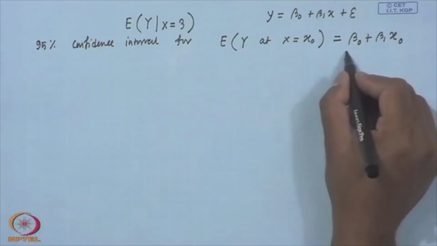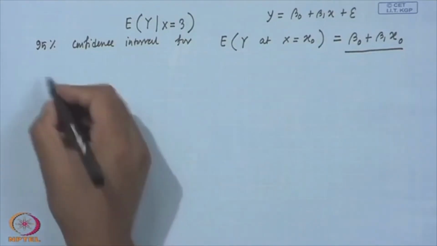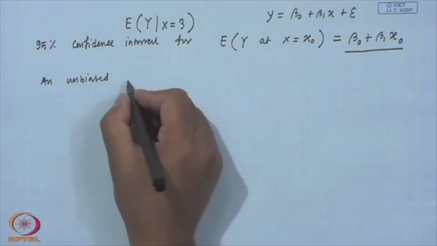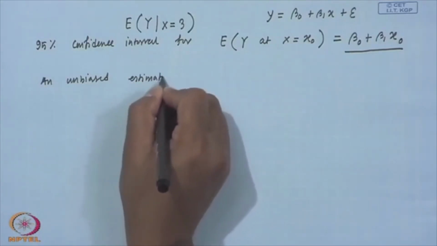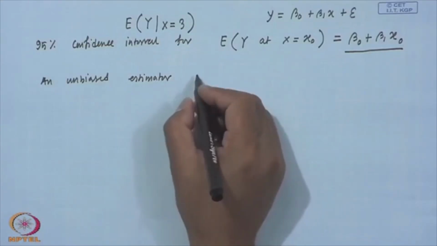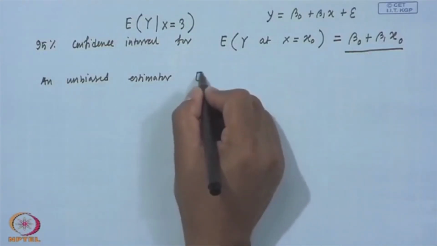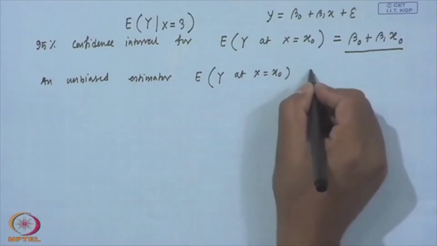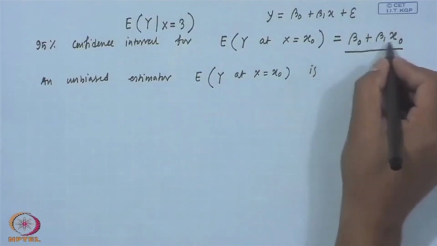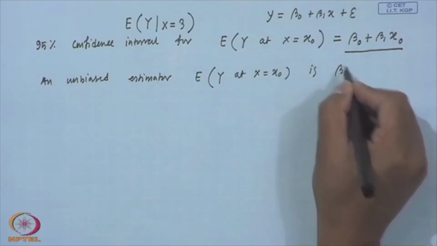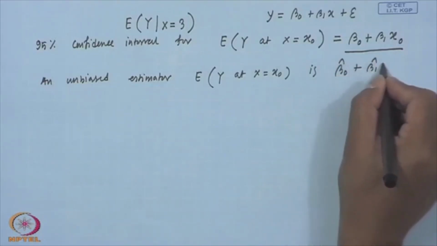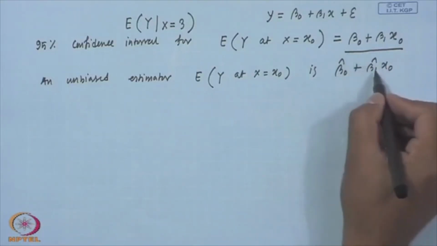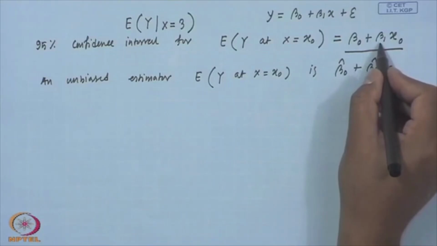And first what we will do is find an unbiased estimator of this at x equal to x naught. That means the unbiased estimator of beta naught plus beta 1 x naught is nothing but beta naught hat plus beta 1 hat x naught, because beta naught hat is an unbiased estimator of beta naught and beta 1 hat is an unbiased estimator of beta 1.